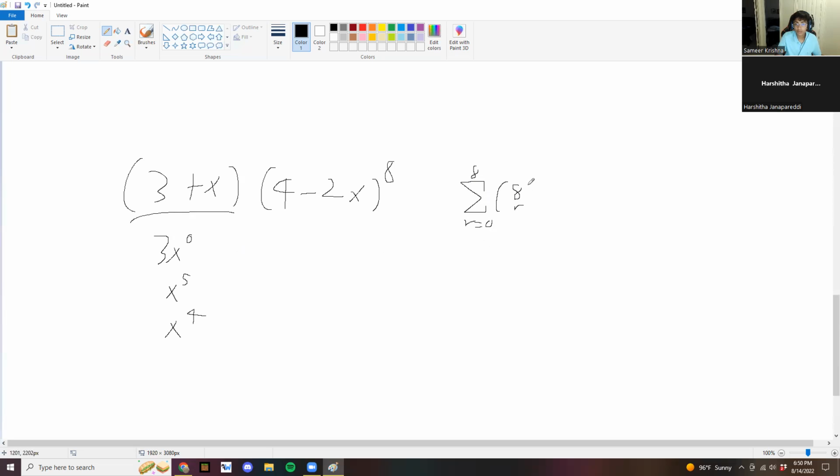A choose R. Yeah, we would use 5, but I'm just writing out the basic formula. A choose R, 4, A minus R, minus 2R, x to the power of R. Do you understand why I put the x out?